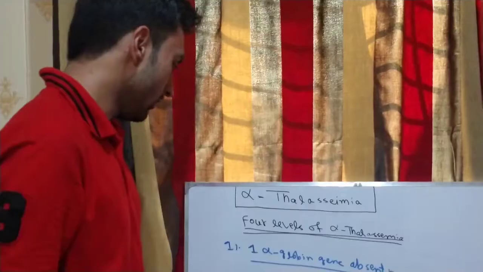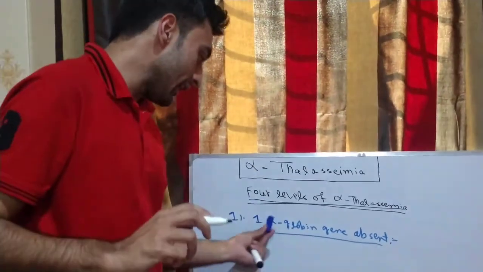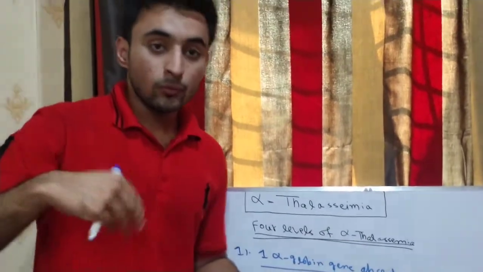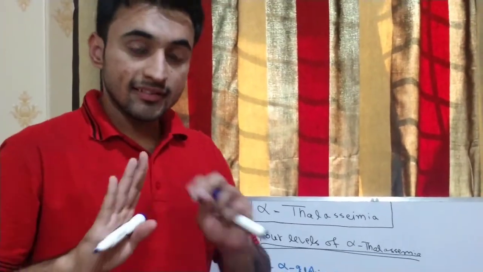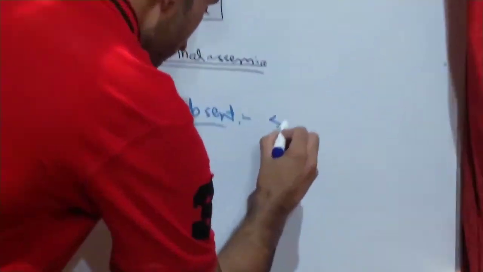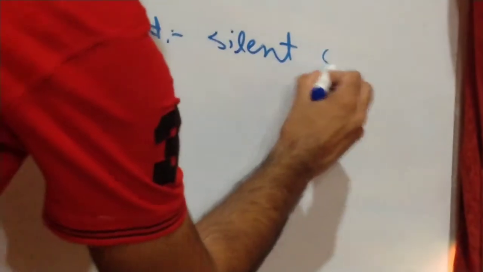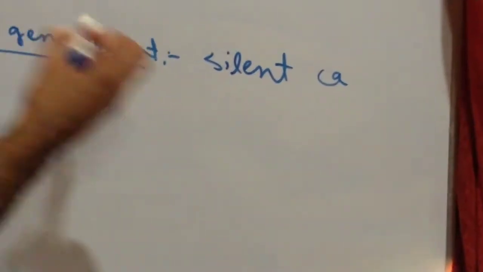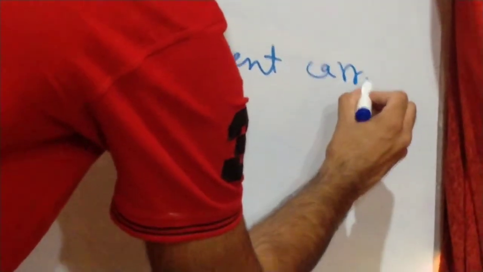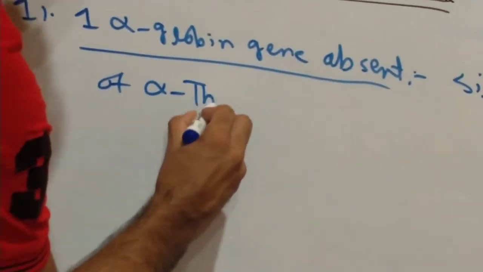The fetus which has the one alpha globin gene absent would be set as the silent carrier of the alpha thalassemia disease. So the baby which has one alpha globin gene absent would be characterized as the silent carrier of alpha thalassemia disease.